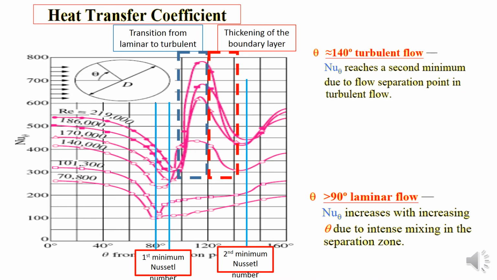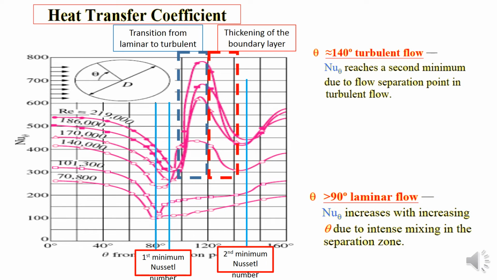Again, with the Nusselt number versus theta from the stagnation point, I put a few labels there. We have the first minimum Nusselt number and then the second minimum Nusselt number, and we have this blue dotted line and red dotted line in the boxes. First, I am going to explain the two Reynolds numbers of 100,000 and 70,000.